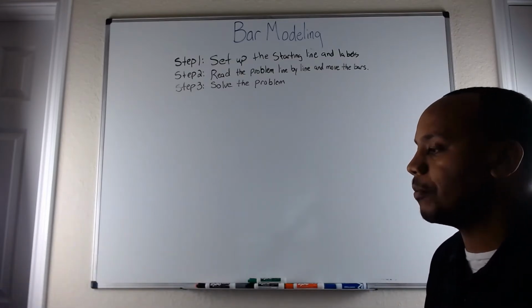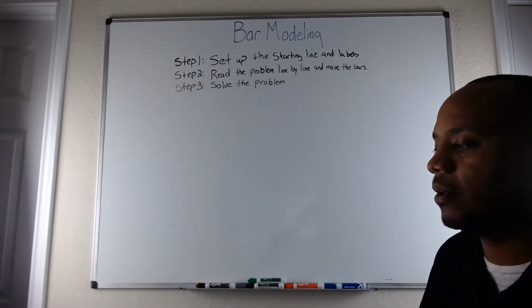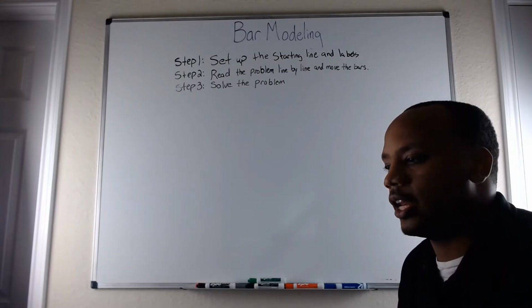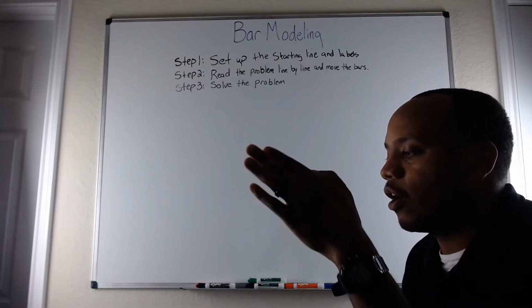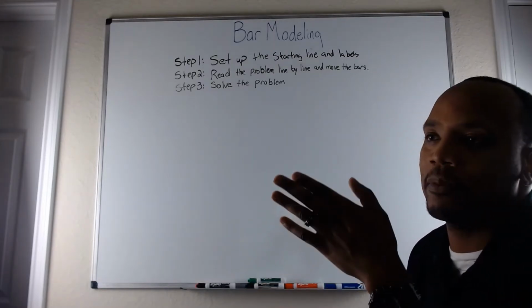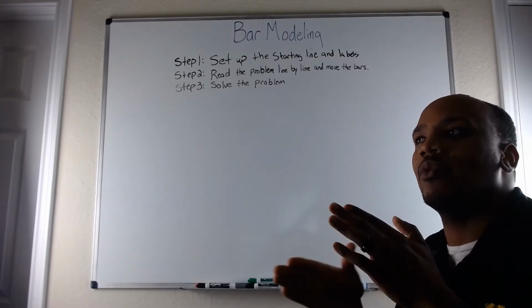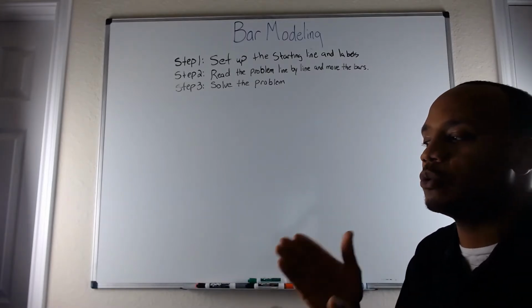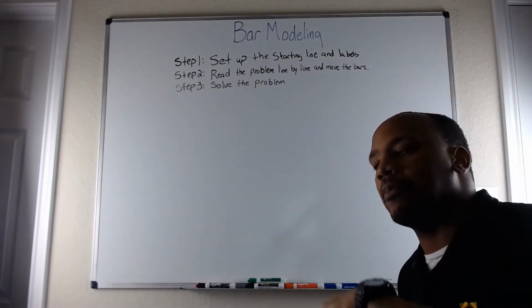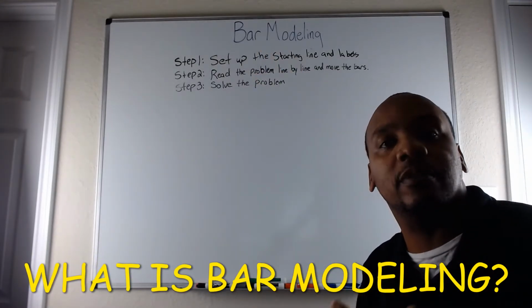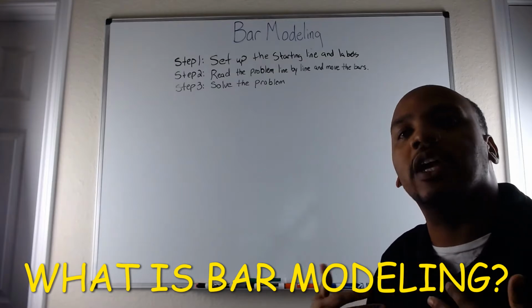So what I'm going to do today is a problem involving multiple people, and I'm going to compare person B's number to person A and person C's number to person B. What you're going to see is the relationship between the people shown in bars. Anytime you're modeling something, you are showing something.